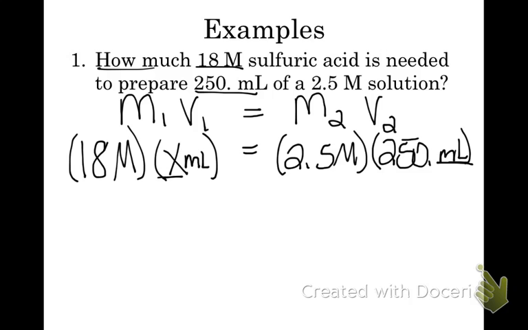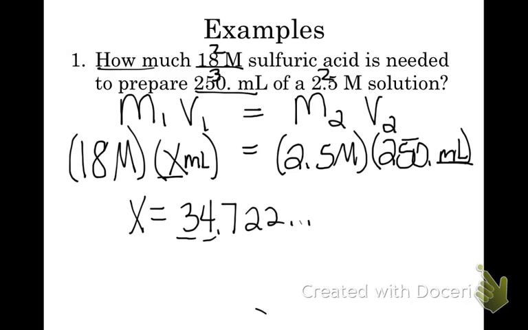When you do, you end up having X is equal to 34.722, etc. Alright, so this had 2 sig figs, this had 3, this had 2. So I'm going to just go to 2 sig figs. So I have 1, 2. That 7 is going to round up that 4, so I have 35.